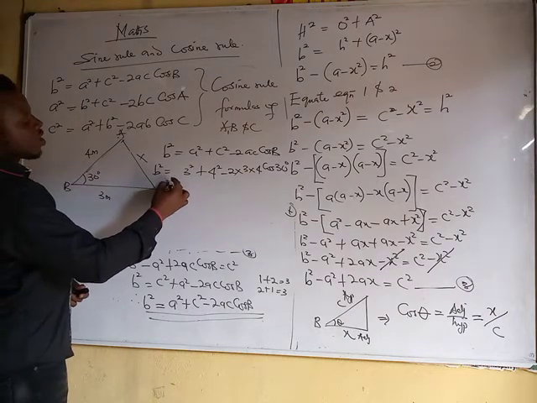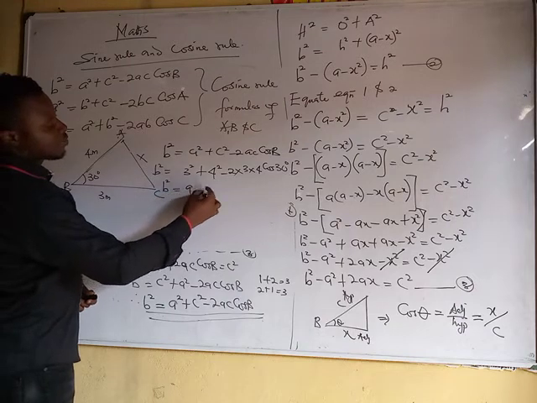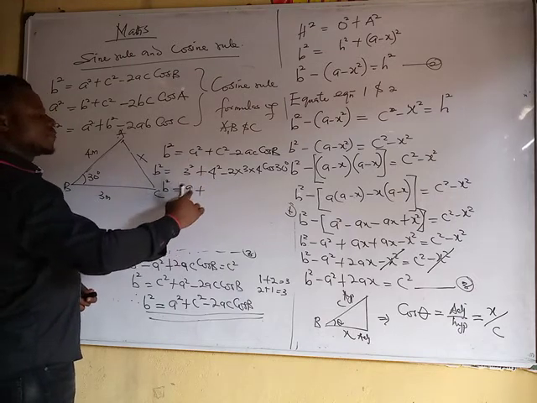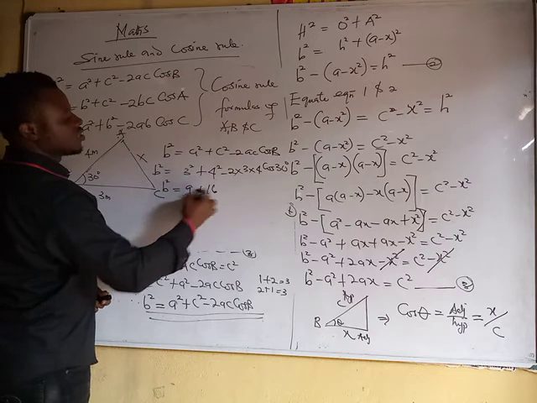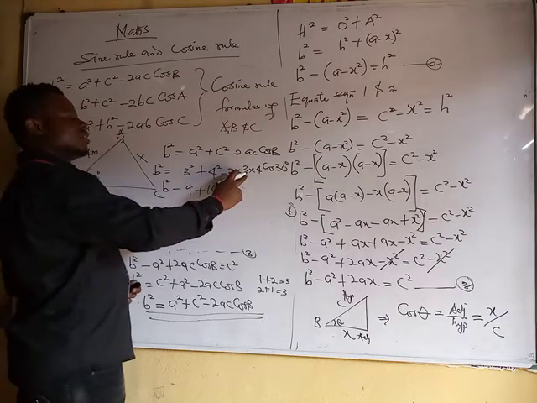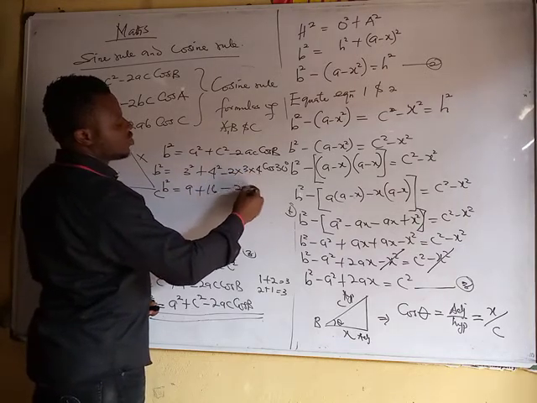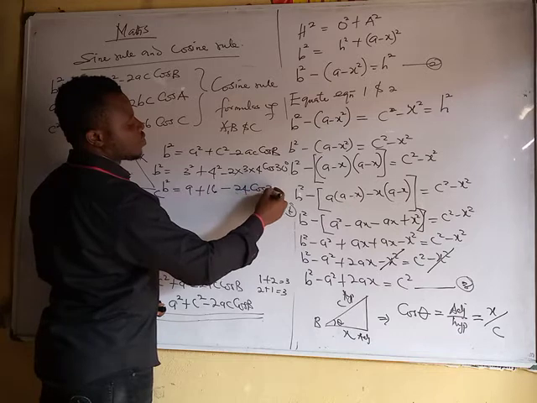So our b square is equal to 9, since 3 square is 9, plus 4 square which is 16, minus 2 times 3 is 6, times 4 is 24, cos of 30.